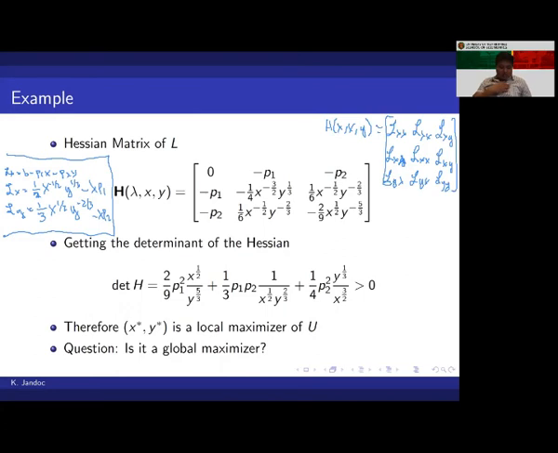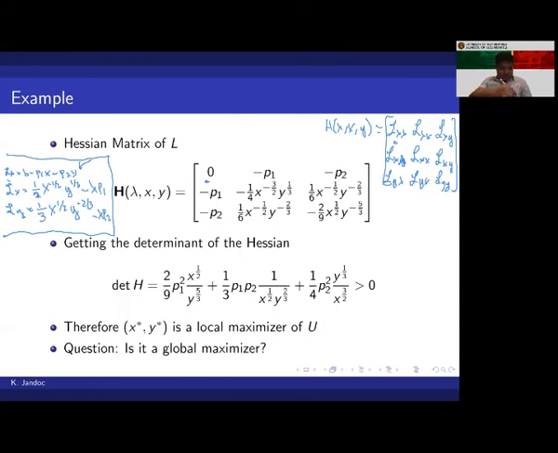Okay, so again, you must know this by now. For example, L lambda lambda is the derivative of L lambda with respect to lambda. Since lambda doesn't appear here, then we have 0. Okay, so L lambda x over here is the derivative of L lambda with respect to x.